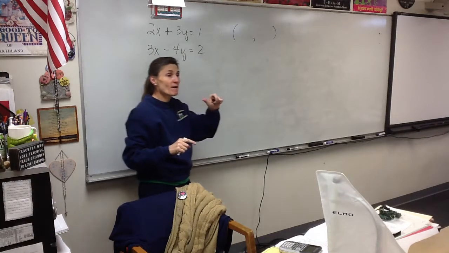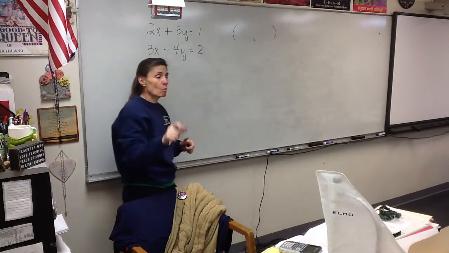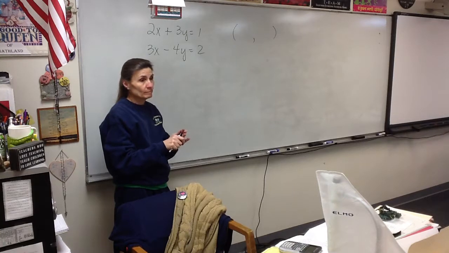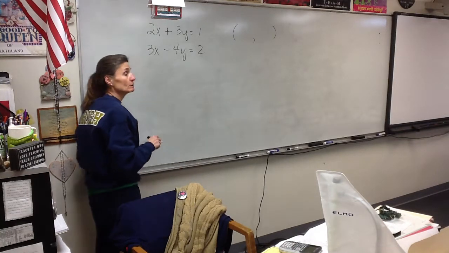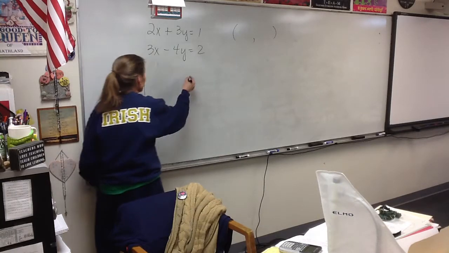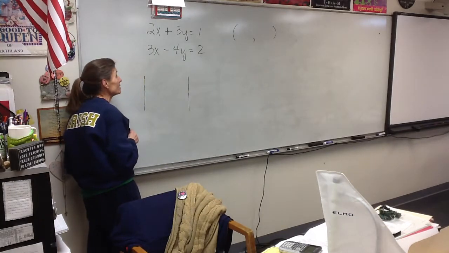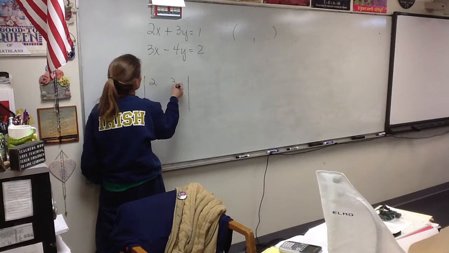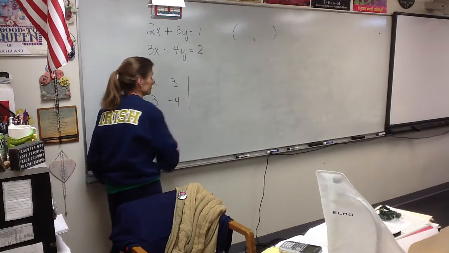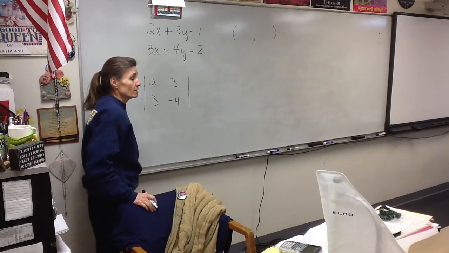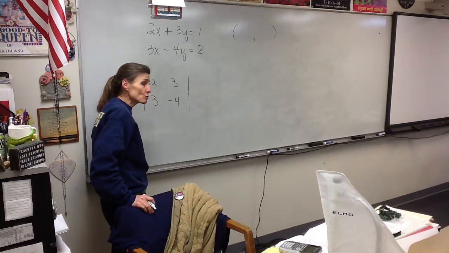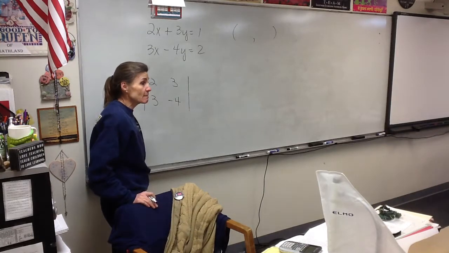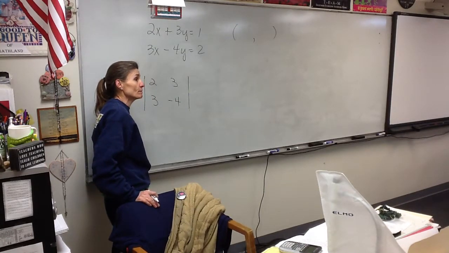So I will be finding an X and a Y. Julia? So I'm going to find the determinant of just the coefficients. You are going to be expected to be able to do Cramer's rule. So let's start right now paying attention. We're going to do several examples, as much as we have time for.